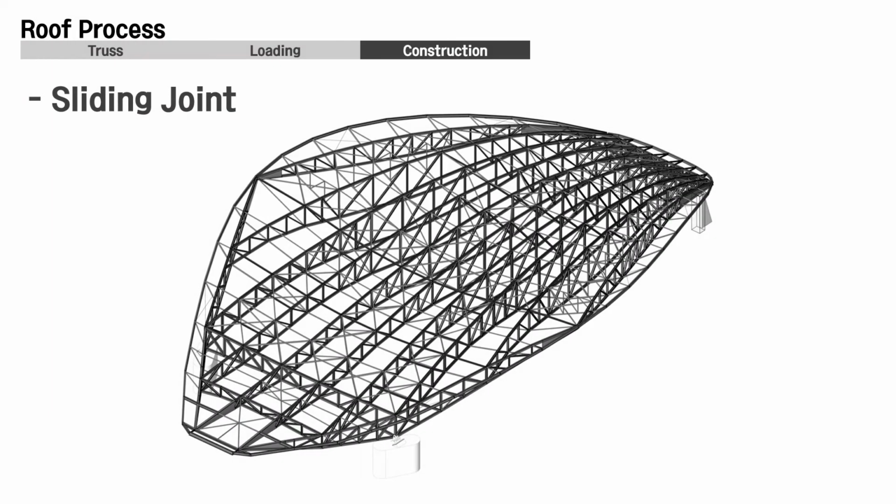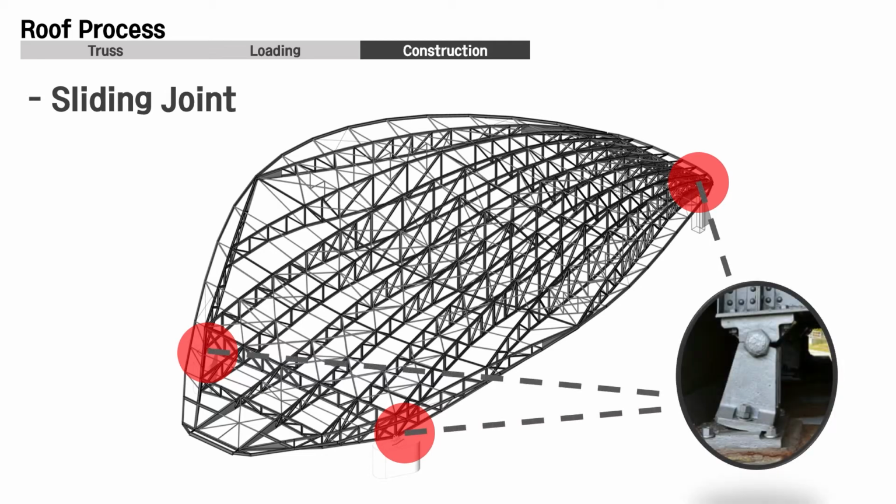After the roof was analyzed like this, the roof construction proceeded with several supplementary construction methods. The first one is the sliding joint. The connection between the roof and the supports is a sliding joint. This allows for the expansion and contraction that occurs in the steel roof structure due to temperature changes.